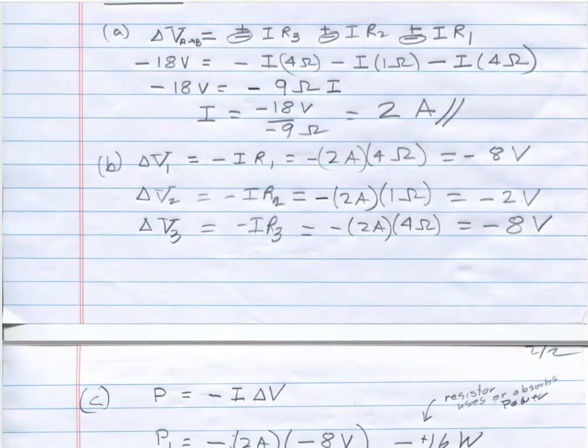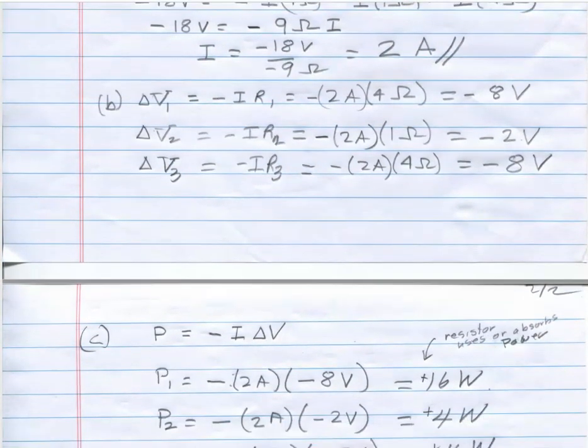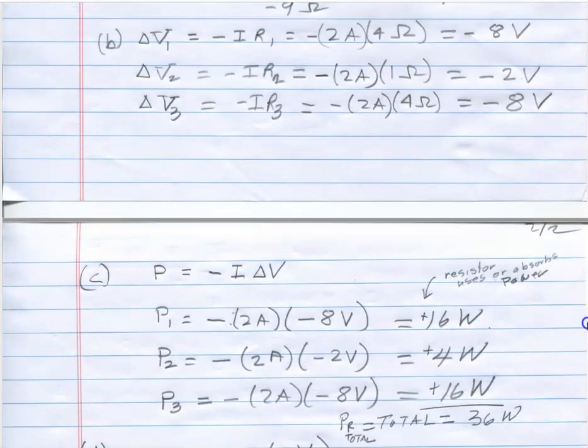Part C, let's calculate the power dissipated in each resistor. And I'll use the full formula. The power is minus I times delta V. So the power dissipated in resistor 1 is the current flowing through it times the voltage drop across it, which we calculated in part B. So a minus times a minus is a plus, or plus 16 watts.